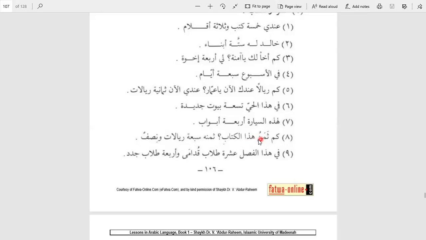And we said if a definite noun comes after an ismu ishara, it becomes badal. So take note of this. Kam taman kitab. This is mudaf and this is mudaf ilayh.